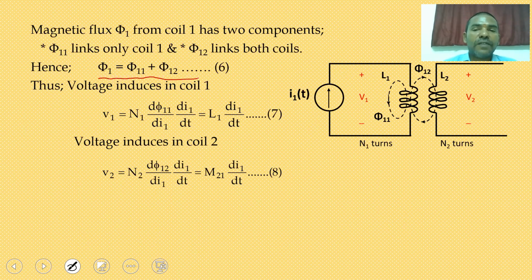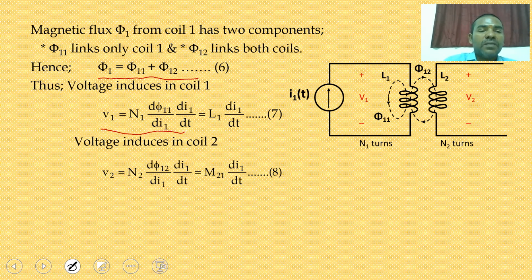So the total flux produced by the first coil is phi 11 plus phi 12. Now V1, the voltage drop across the first coil, is equal to N1 d phi 11 by d I1 into d I1 by dt.